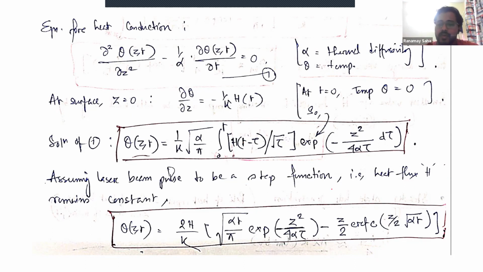Then you can modify this equation 1 into equation 2, where you plug in the complementary error function, erfc, of the argument. The derivation of these equations follows complex methods and steps, which I don't want to mention here, but you should at least realize how the temperature rise can vary with different parameters. That's very important in this case.